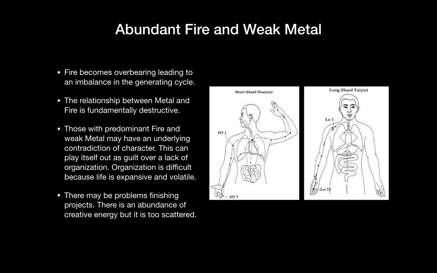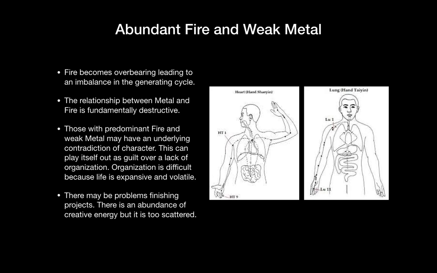Monoclinic crystals can also be used to affirm the abundant fire and weak metal temperament. When fire becomes overbearing, it leads to an imbalance in the generating cycle. The relationship between metal and fire is fundamentally destructive. Metal is melted by excessive fire and becomes weak.